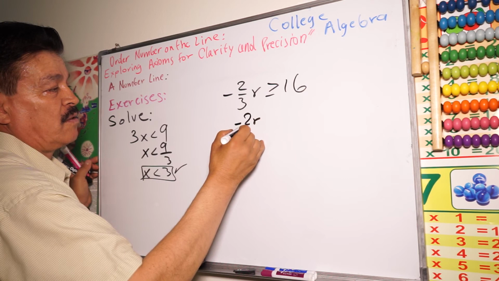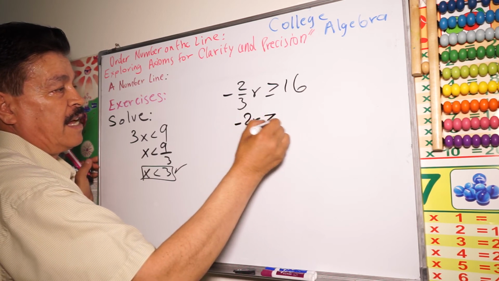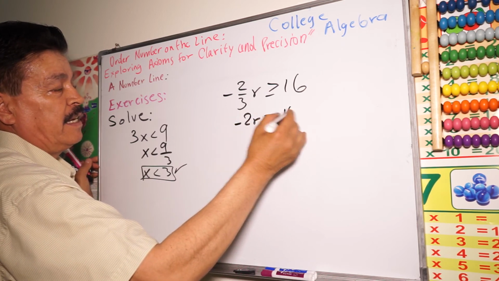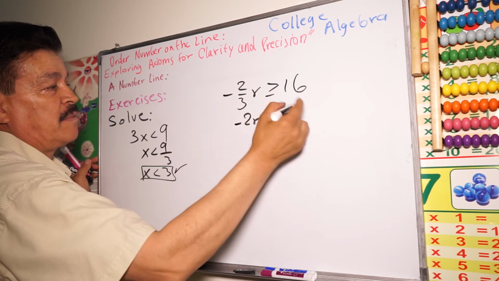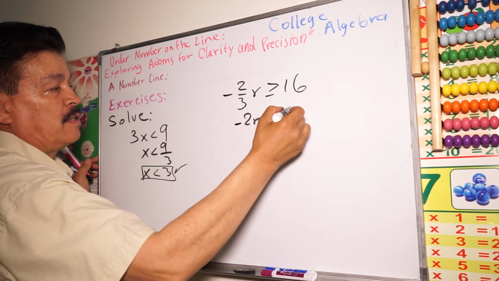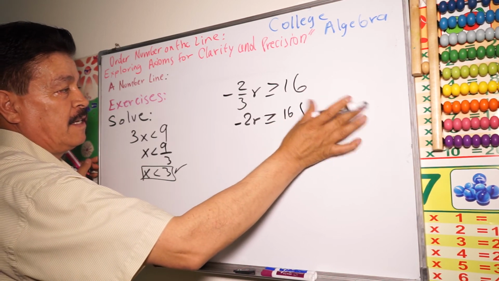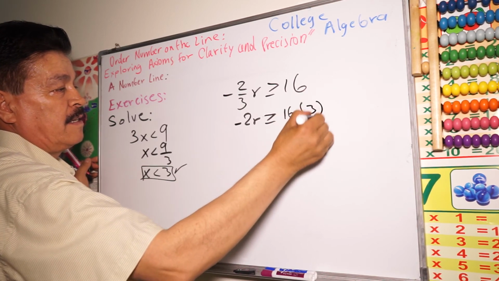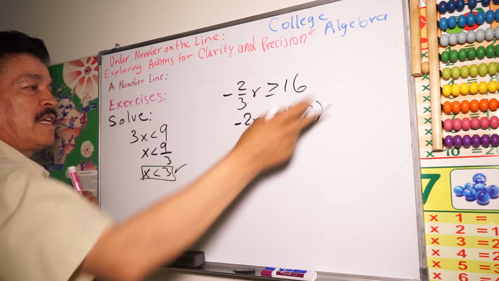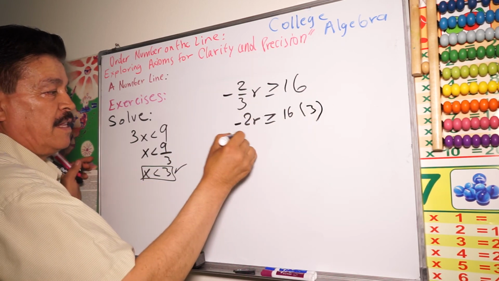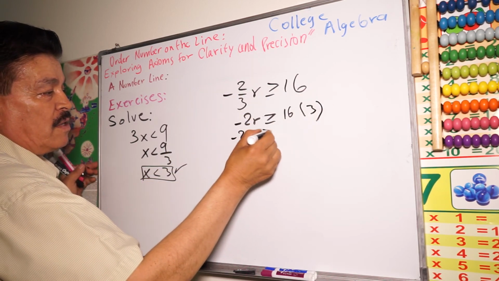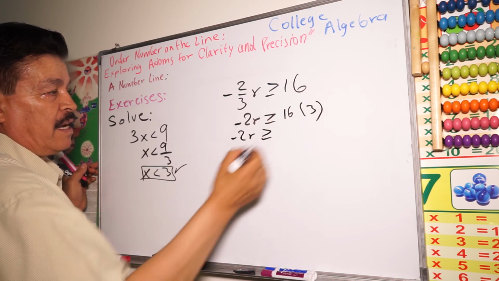So it's going to be times 3 on the other side. If it's dividing here, the other side is going to multiply.